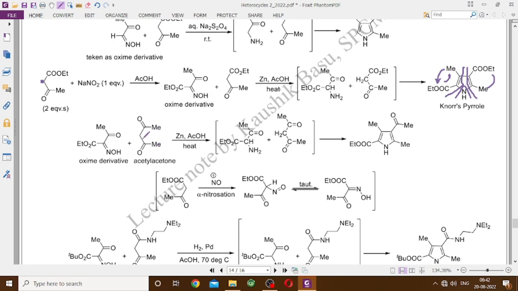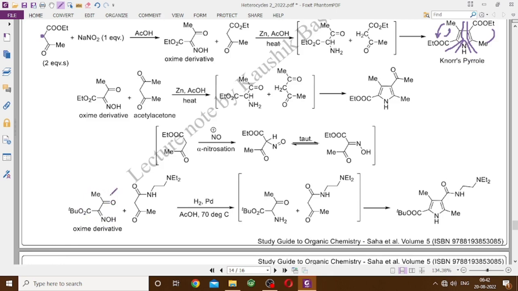If you choose to do this with acetylacetone and the oxime derivative of ethyl acetoacetate, then you will end up with this one, where we have the COMe group here at C3 and at C2 we have the methyl.